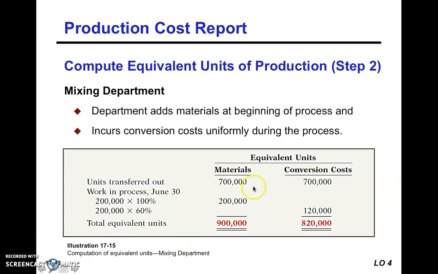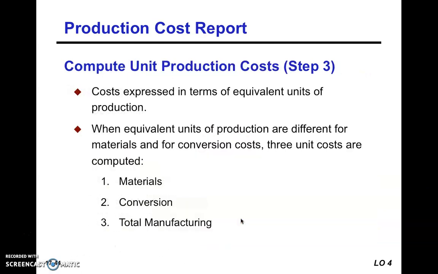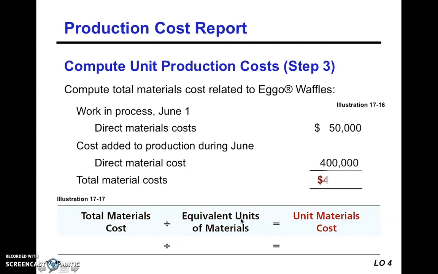We created 900,000 units for material, the bottom line in red. So if we take the 450,000 and divide it by 900,000 units, every unit that went through production in the mixing department cost us 50 cents as far as material goes.